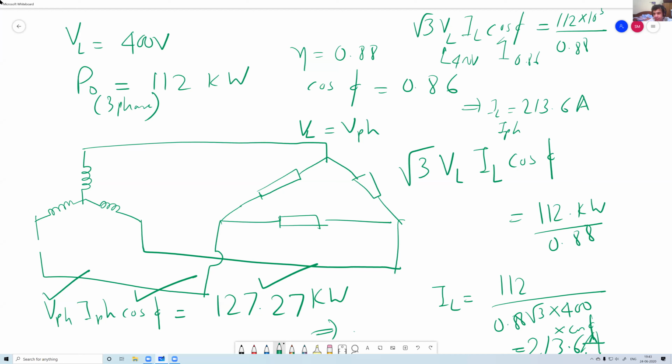I phase, that is IL by root 3, so that is 123 amps. So the phase current in each of the loads is 123 amps.